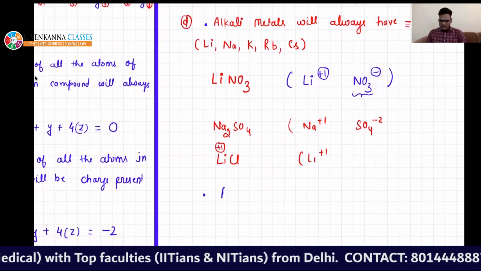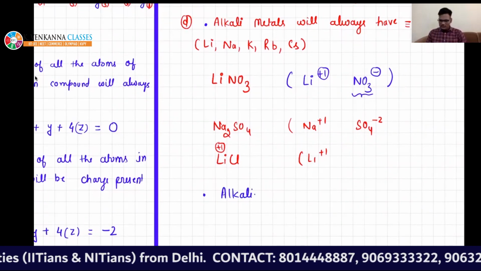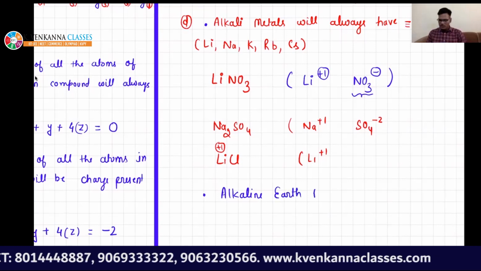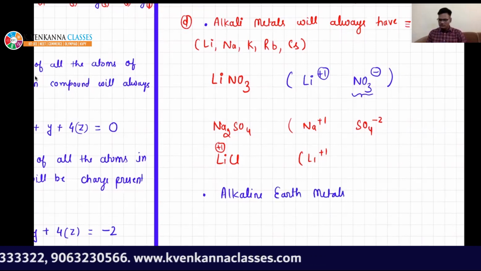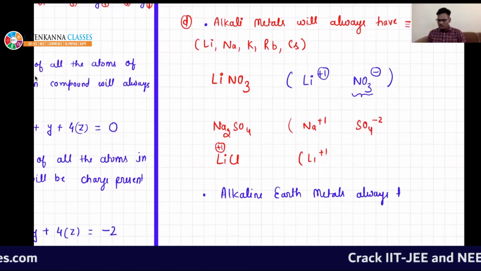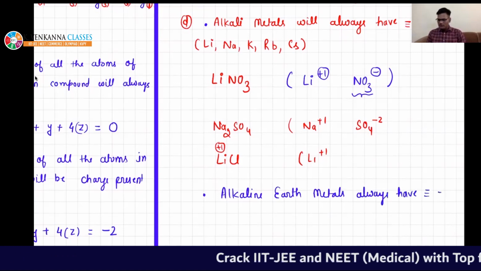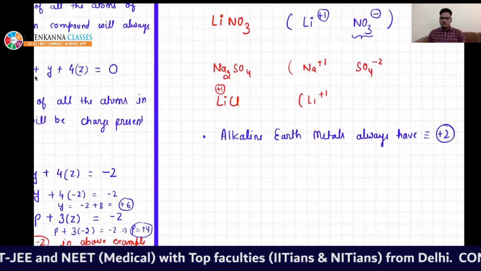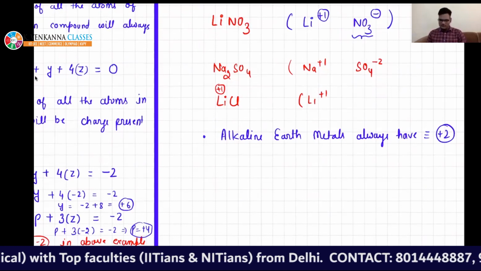And all alkaline earth metals, if you see the periodic table, will always have +2. That is fixed. If you remember these rules, your chemistry will become a bit easier.